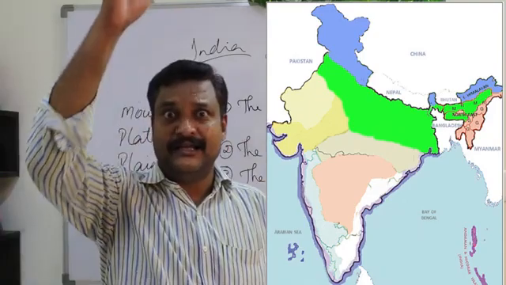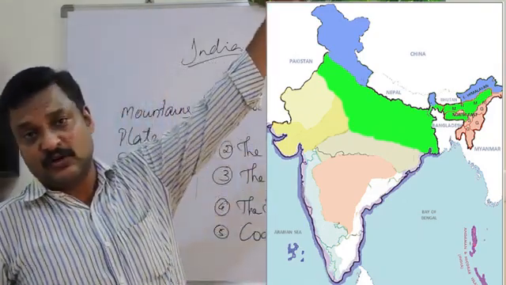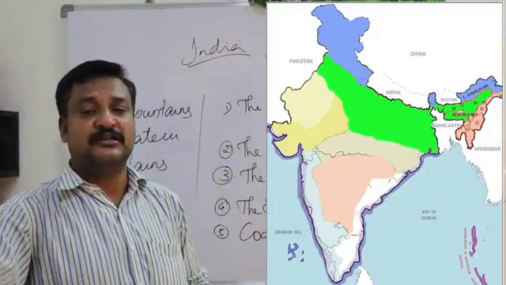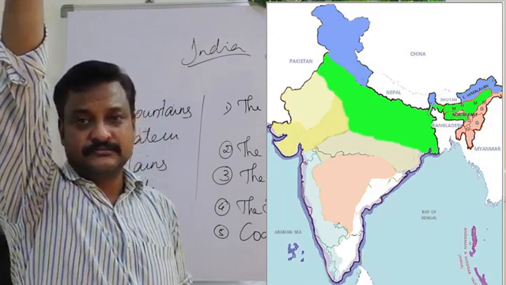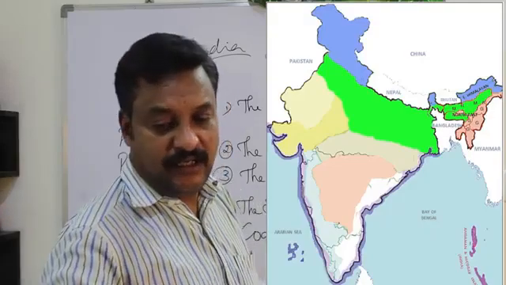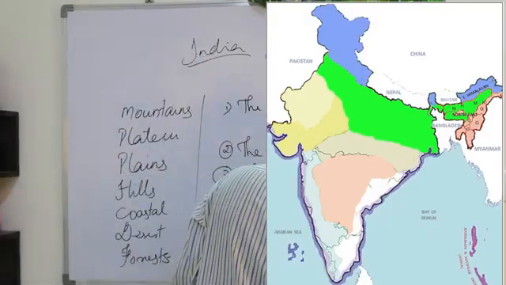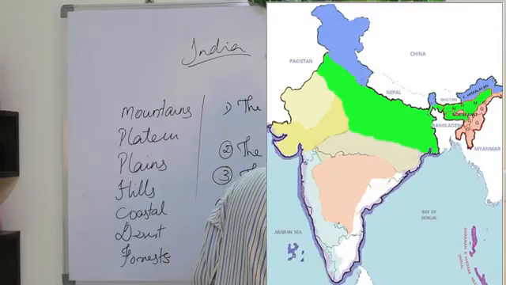A very lengthy coastal area. In the west, it starts from Gujarat and comes through the southern part. It takes the eastern side and ends in West Bengal, and the total length of this coastline is 7,500 kilometers.